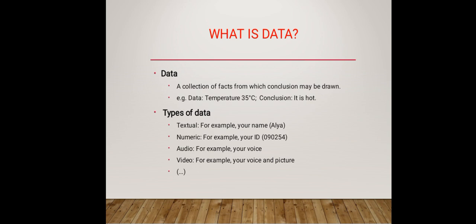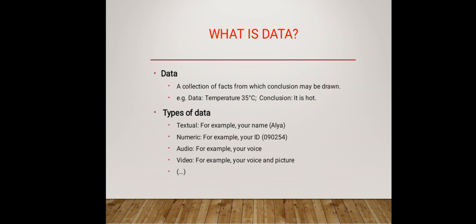Say for example, today we take your temperature. Maybe it is 37.5 degrees Celsius, or maybe 36.4 degrees Celsius. That's just the fact. It simply means that at that particular time, your temperature is at that degree Celsius. So we can draw a conclusion from there about how your body is.